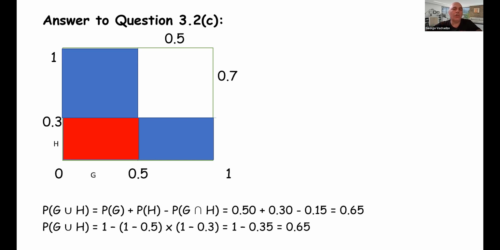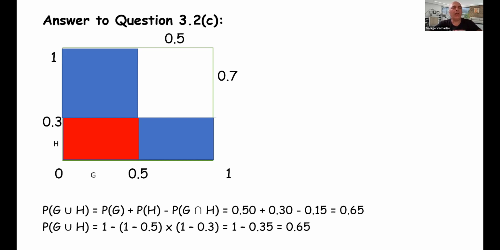So the product of those two is 35%. So the area of the white rectangle is 35%. If you take the 35% out of 1, you get the 65%, which represents the area of those three rectangles, two blue and one red. So that's the probability the student takes either math or science class.